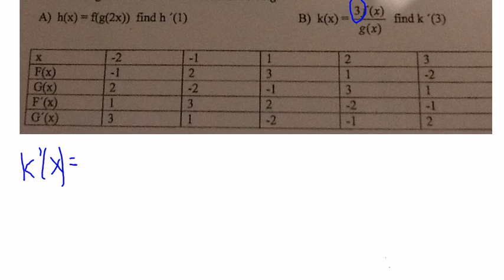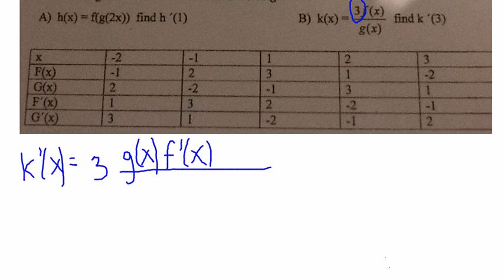So I'm going to put the 3 in front of the fraction that I get from the quotient rule. So I do low, g of x, d high, f prime of x, minus high. High is f of x.